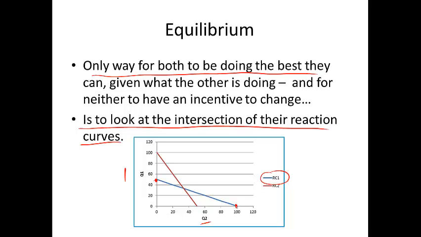The red line is firm 2's reaction curve, and Q2 is equal to 50 when Q1 is 0, and it similarly declines, that is, Q2 gets smaller as Q1 gets bigger, and so it hits the Q1 axis at 100. The intersection is going to be the equilibrium in this model. That's the place where each is doing the best that he can, given what the other is doing, and the other is similarly doing the best that he or she can, given what the first is doing.